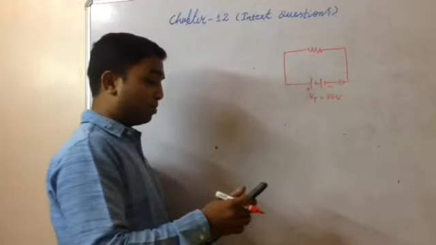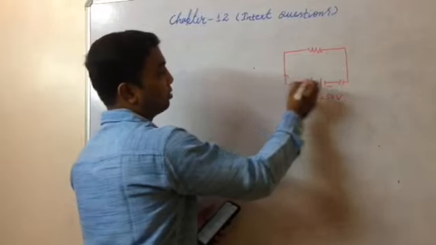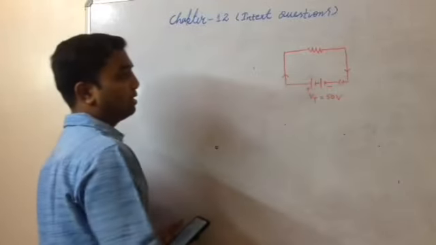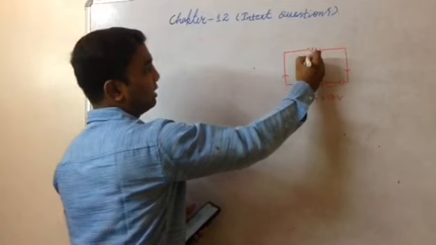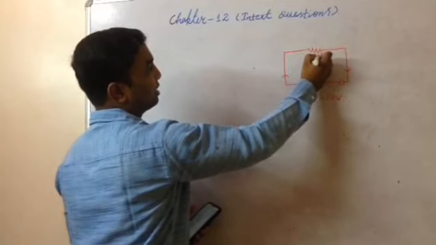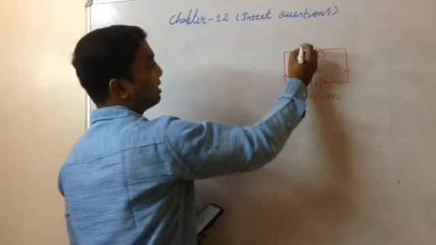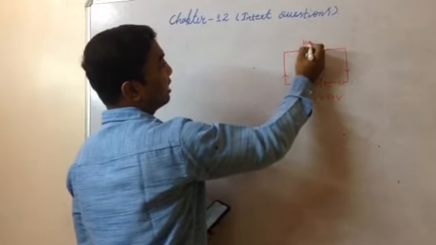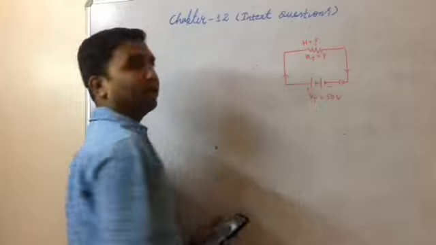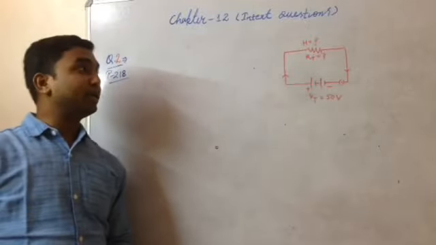Now they are saying compute the heat generated. So this is the heating element having some resistance, we don't know, but this coil has a certain resistance. What is asked? Compute the heat generated.